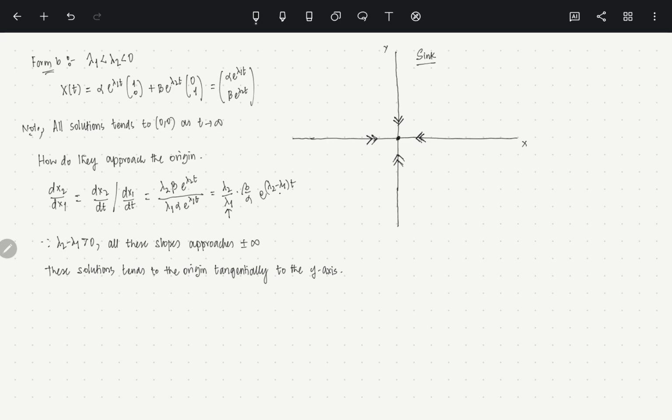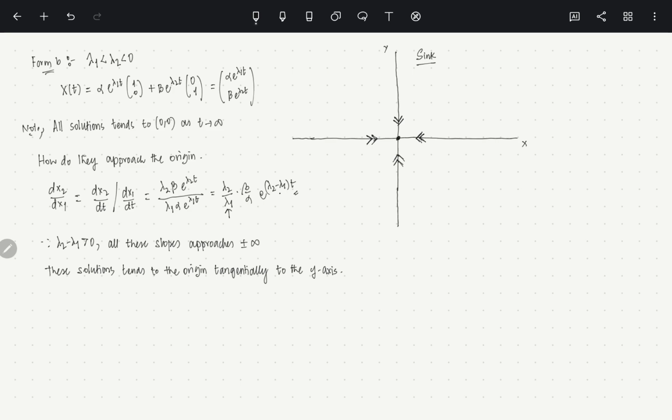As lambda 2 minus lambda 1 is positive, t is starting from minus infinity. At minus infinity, this particular term, e power lambda 2 minus lambda 1 times t, is going towards 0.